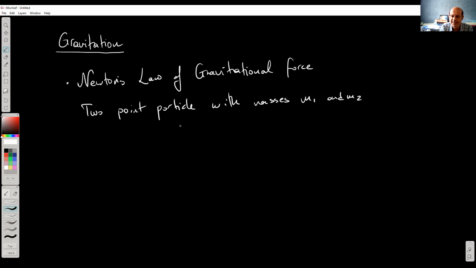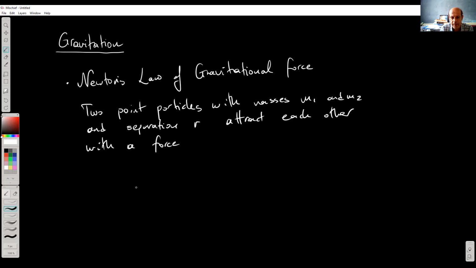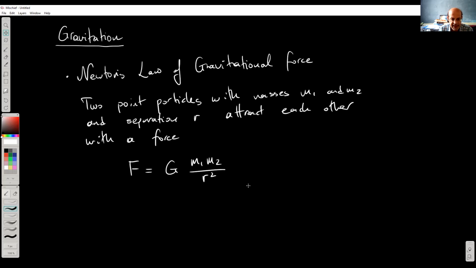Let's just write this down: two point particles with masses M1 and M2 and separation R attract each other with force F. F equals G times M1 M2 divided by R squared. Okay, so that's basically the statement in here.